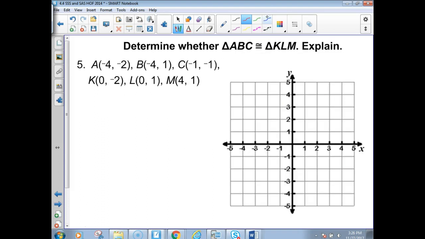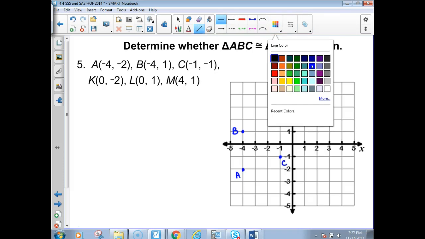See what we can do on this one. So we got -4, -2. Plot your points correctly. The first number's left or right. The second number's up or down. -4, 1. -1, -1. These are further apart, so I'm going to grab my tool.